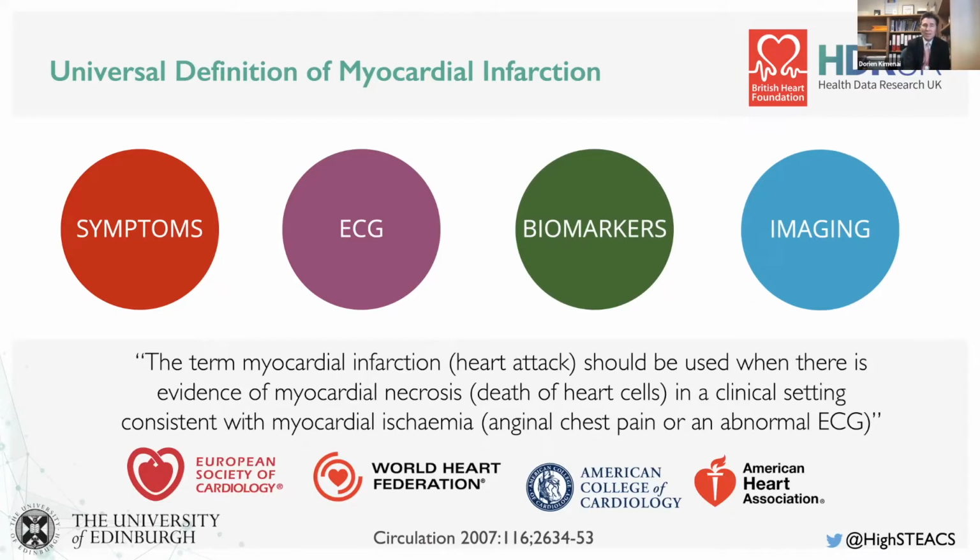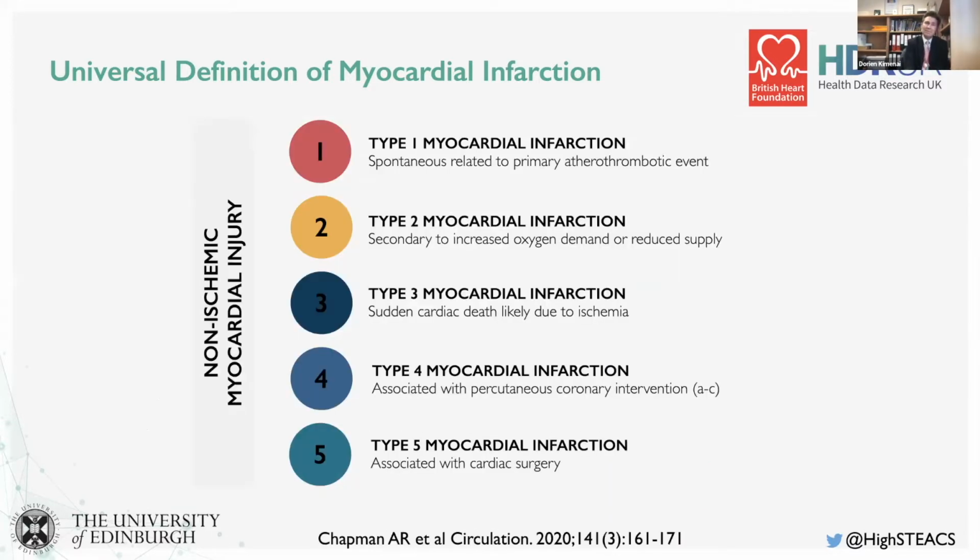It was introduced, as you can see from the reference, back in 2007, and it's gone through a couple of iterations since then. One of the important developments was to recognize that these biomarkers of heart injury are commonly elevated in other settings. And so the concept of having something other than a heart attack is quite commonly established in clinical practice.